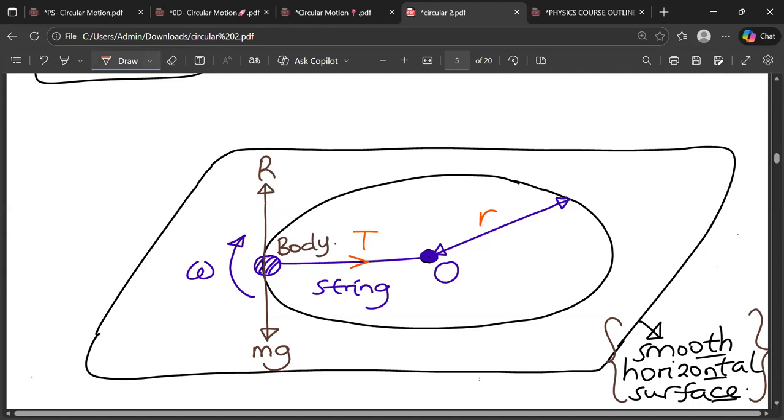Now I want to ask people, how can I get centripetal force from this? You look at whatever is on the screen and tell me, how can I obtain centripetal force? Of all the letters on the screen, which letter is the same as centripetal force, or which letter is going to give us centripetal force?